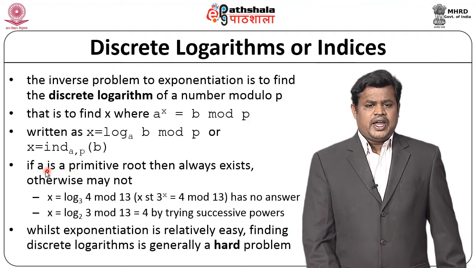So, if a is a primitive root, then it always exists, otherwise it may not. Now we understand what the discrete log problem is. Exponentiation is relatively easy, but finding the discrete logarithm is always a hard problem. It is very difficult to get the log of the exponent value.